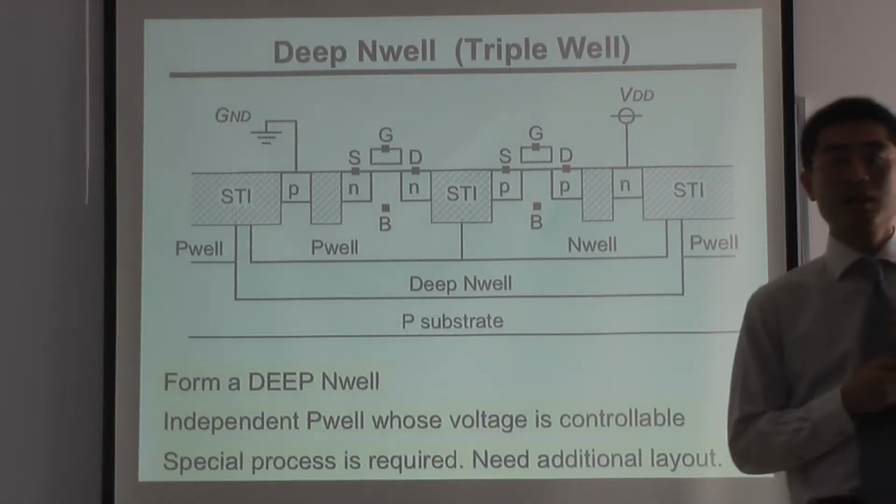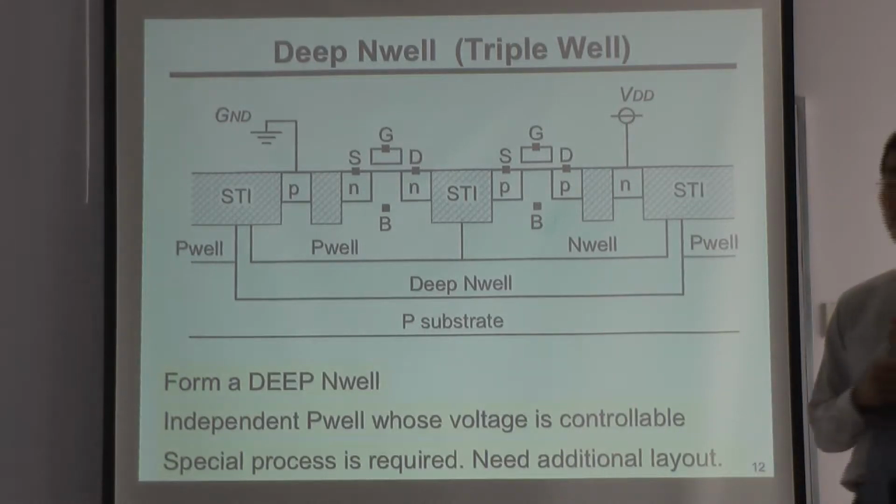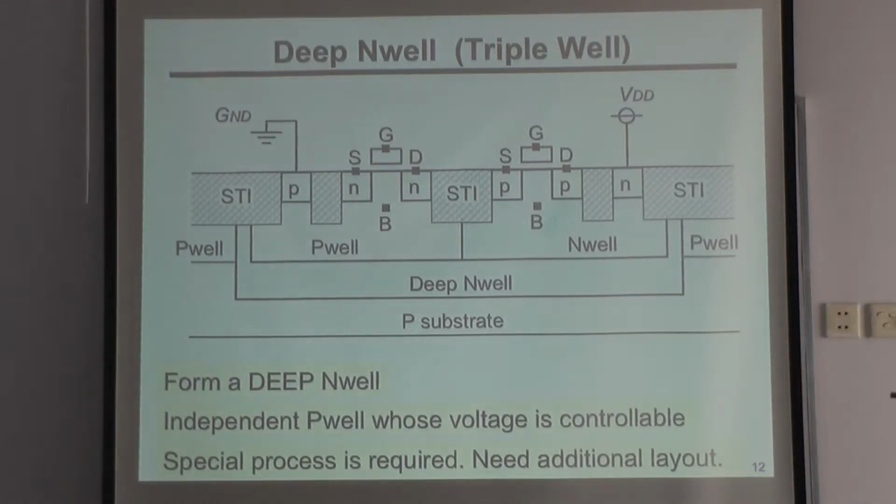But sometimes we have some special process technology called deep N well. Deep N well means we put a deep N well other than the regular N well, so that this P well could be independent from the substrate.